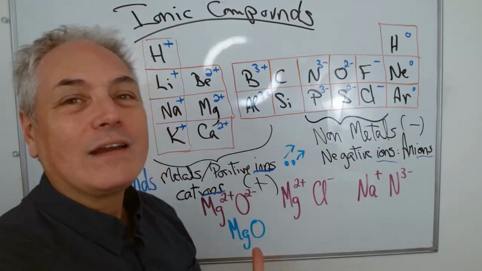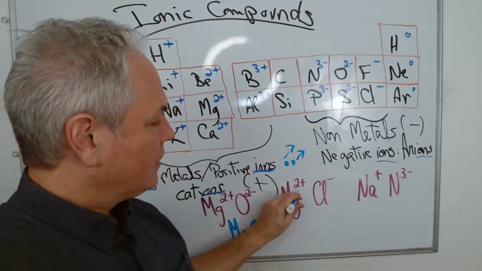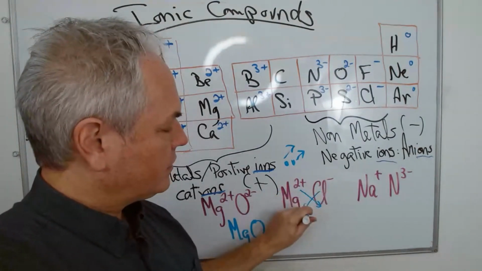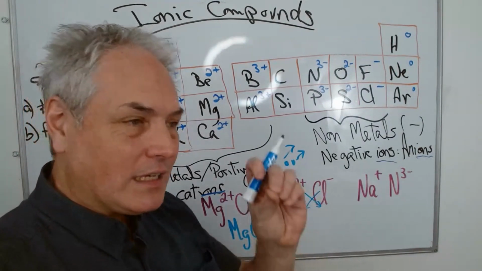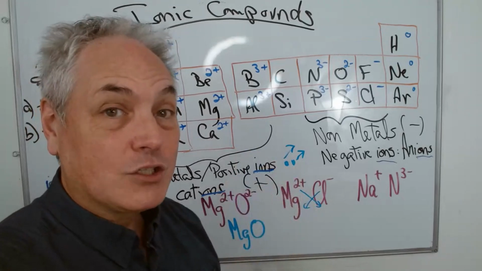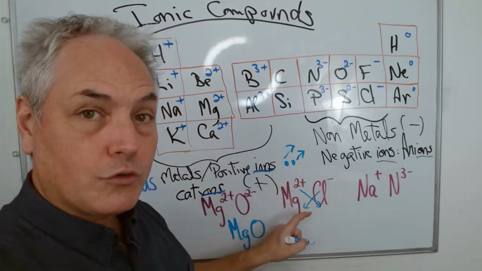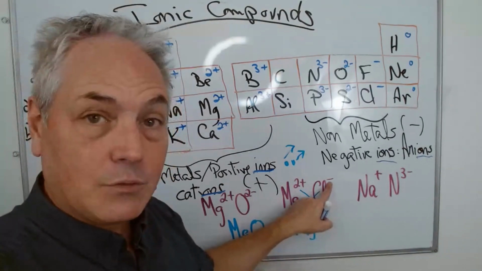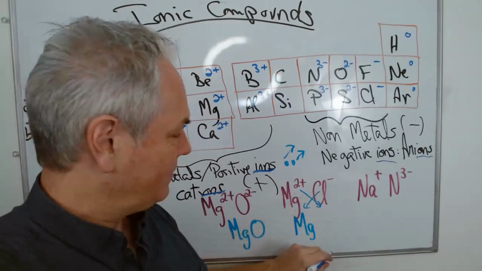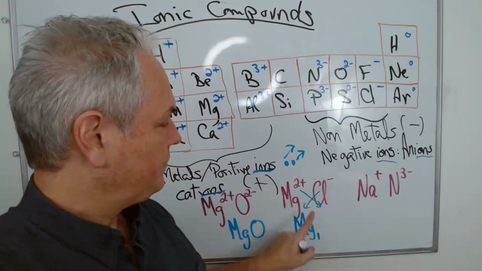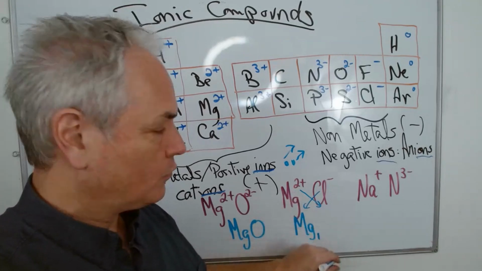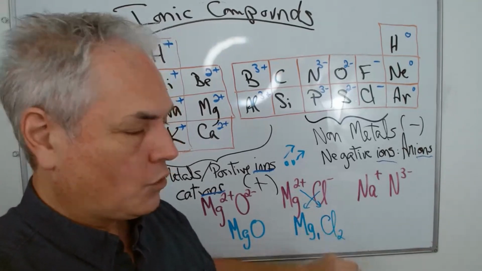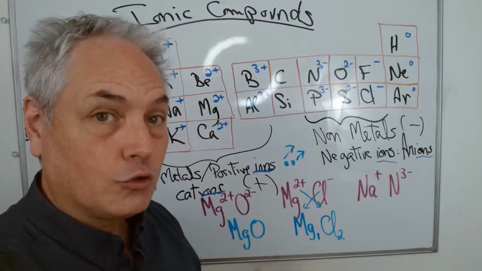So some of you say, well, how can we figure out how it works? So here we'll do a little crisscross to figure out the number of each of the atoms. So if you do the crisscross, you have magnesium. Here we have a 1 negative. I'm going to put a 1. And here I have a 2 positive that will go with the chlorine, and I have a little 2 right here.